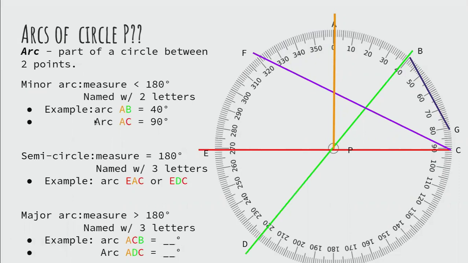Then in the second example of a minor arc, we looked at the arc from A to C, which we found to be 90 degrees. So the major arc, again, starts at A, goes to the left, through D, ending at C. It is your task, again, to find the measure of the major arc.